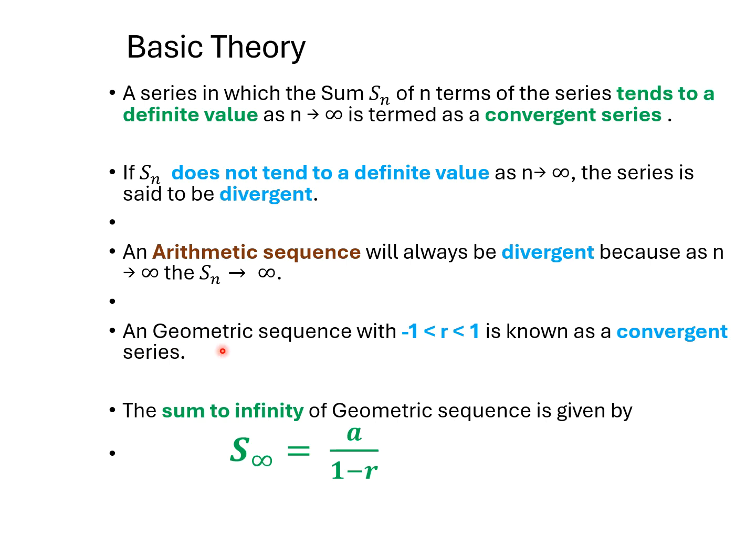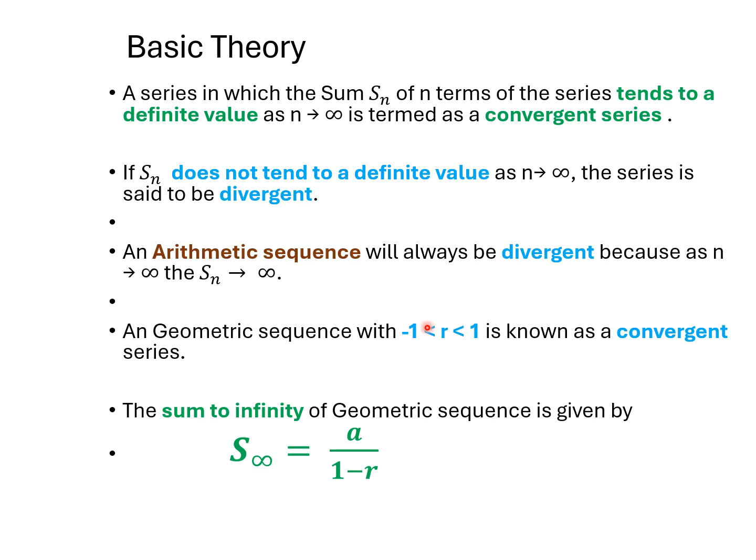Now, for a geometric sequence, where the value of r, very important, is less than 1 and greater than minus 1, take special note of it. So r is less than 1, like 0.99 or 0.5, and greater than minus 1, like negative 0.99, negative 0.5, negative half.